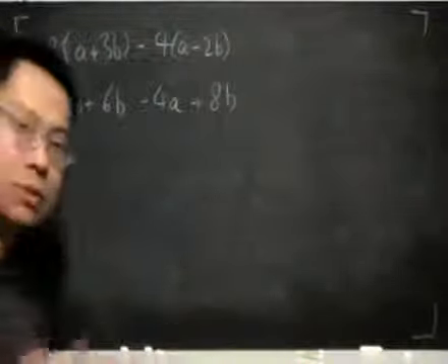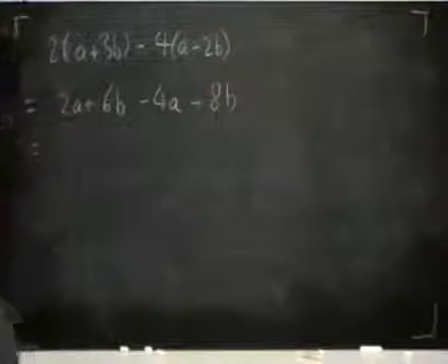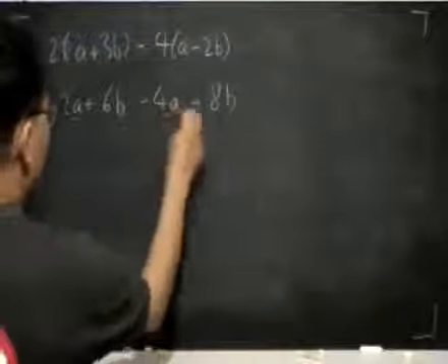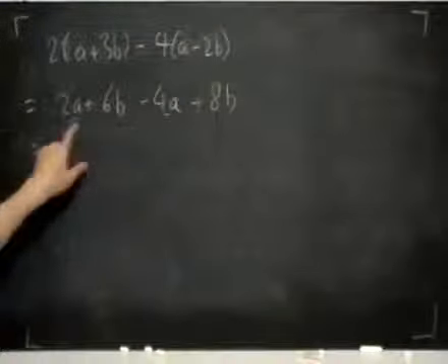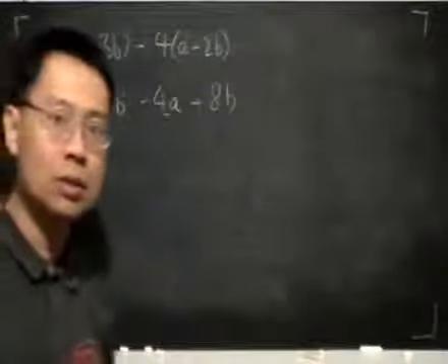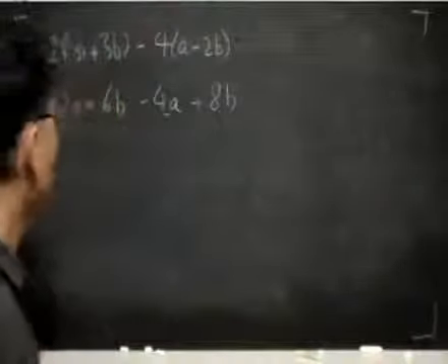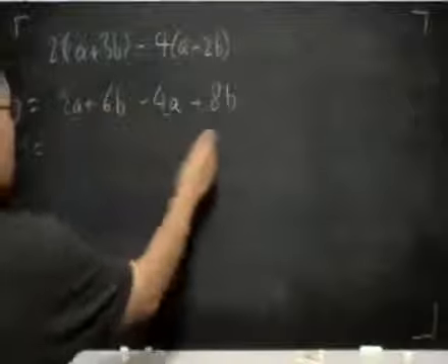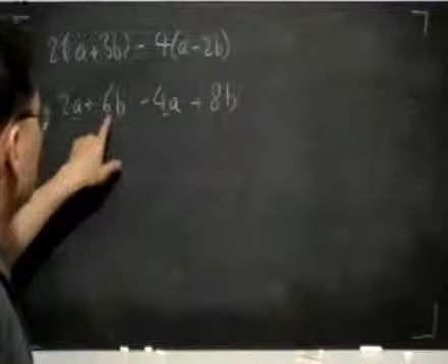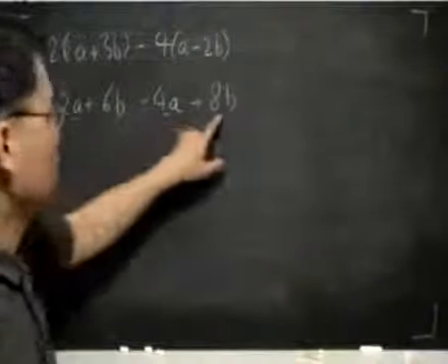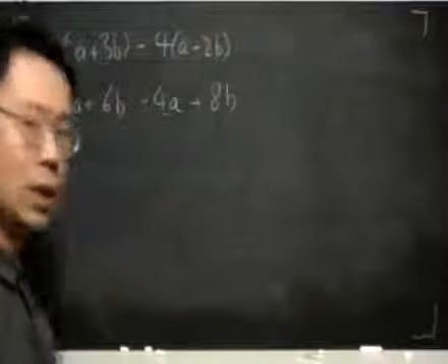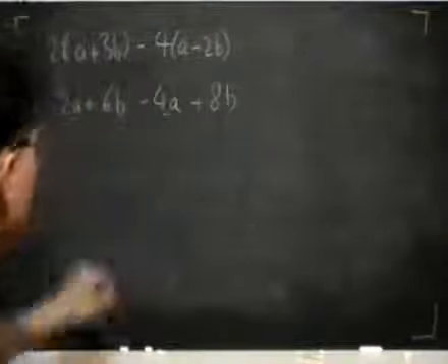So let's pick these out. We have the term in a here and here. So 2a minus 4a, these are like terms. And we have the term in b here and here. 6b plus 8b, these are like terms. So we can simplify the like terms.